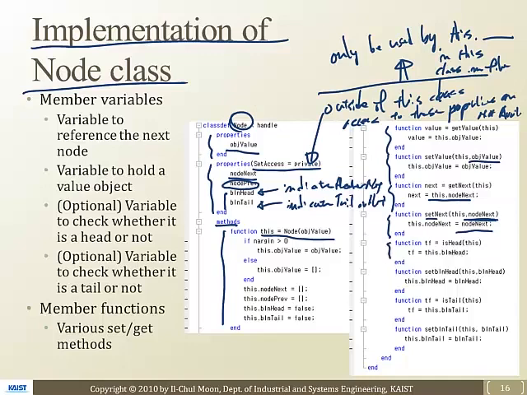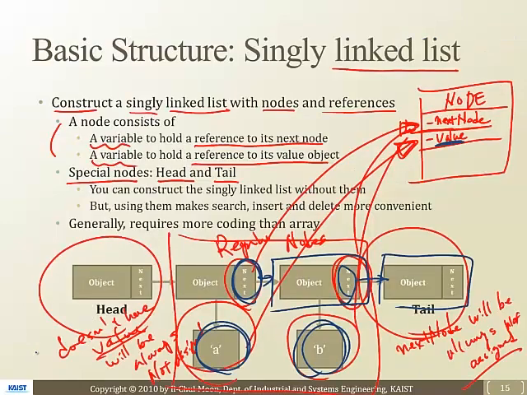And is head, whether it is head or not, and set is head. Is this a tail or not? And set is tail, a boolean, asking whether it is a tail or not. This B should be capital B, right? We have the member variables, we have member functions. And this is an actual implementation of the previous class diagram, right?